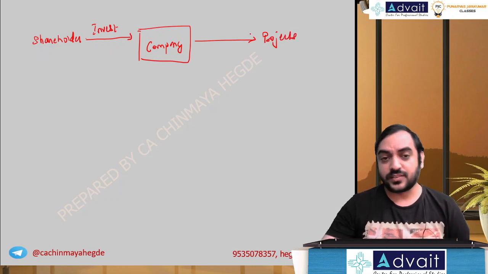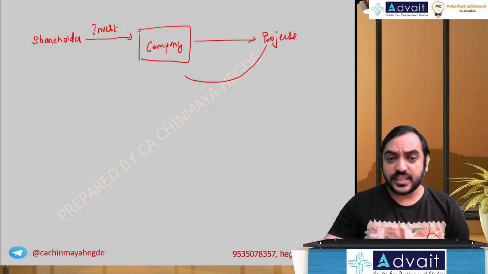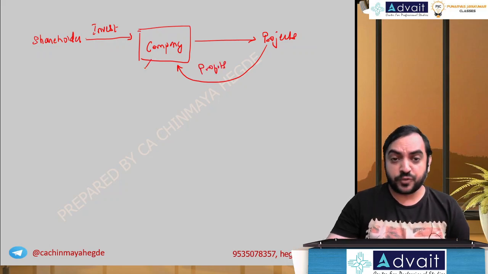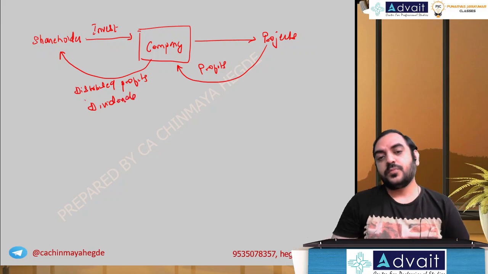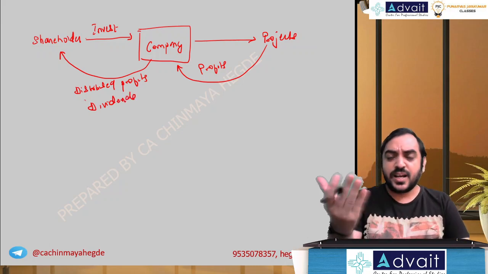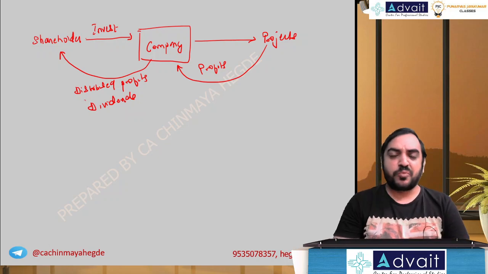And whatever money they get, that is profits. And when those profits are distributed among shareholders, that is what is called dividends. Distributed profits are called dividends. Just like a partner withdrawing a share of profit from the partnership firm.